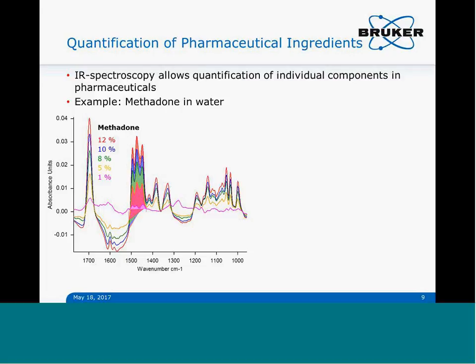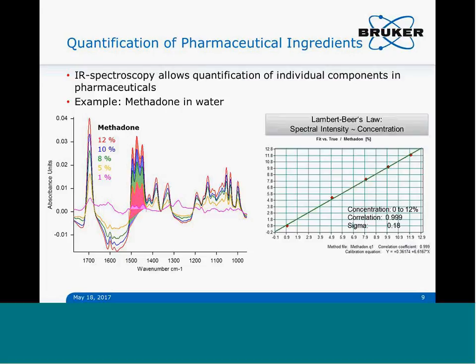And the well-known Lambert-Beer law says that absorbance is proportional to the concentration of the sample and also to the path length. And that can be used for the quantitative analysis of a sample. Example of concentration profile.